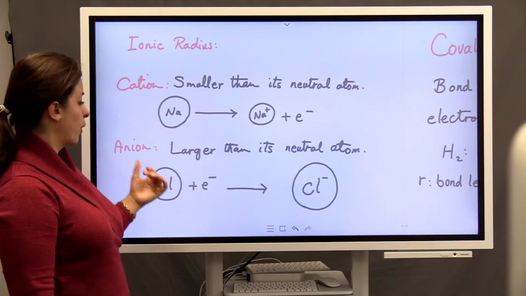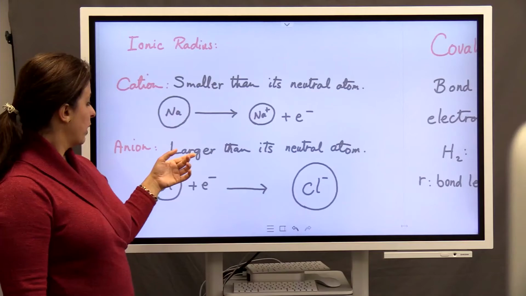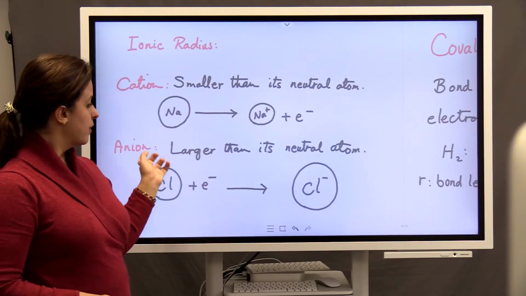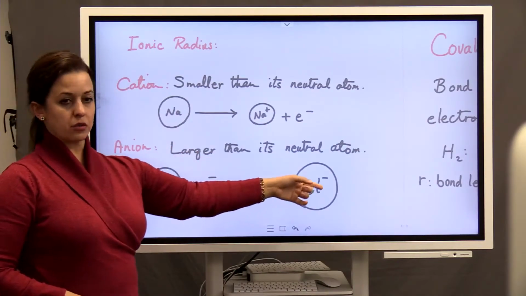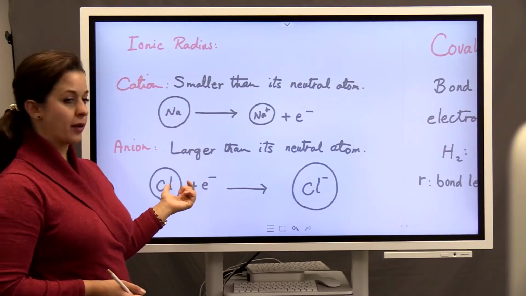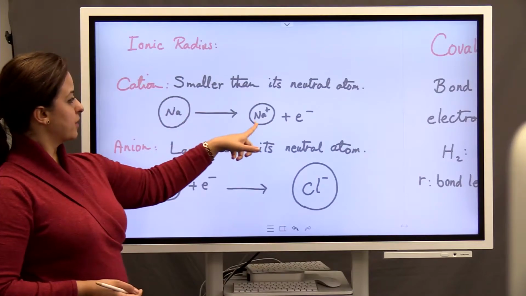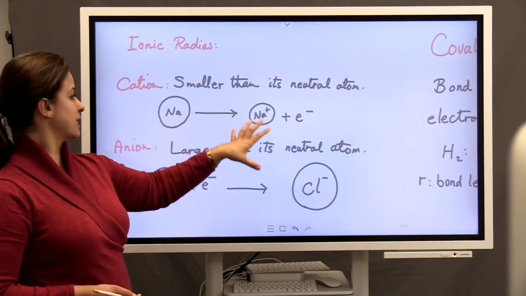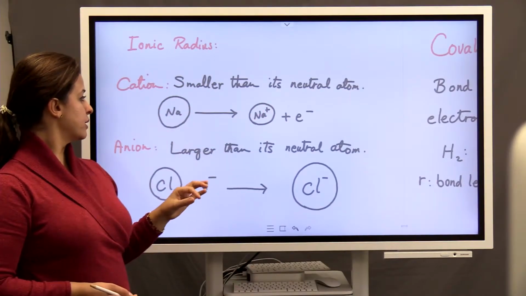And for anions, because they gain electron, the radius of an anion is always larger than the radius of a neutral atom.